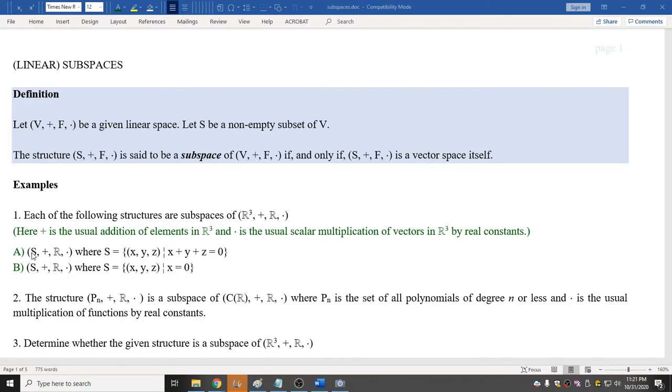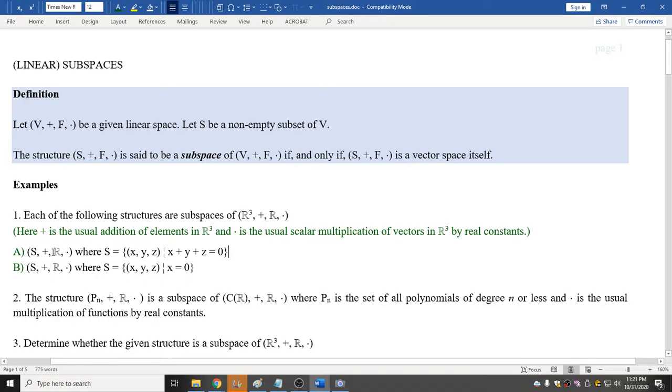A. S, plus, R, where S is the set consisting of triples x, y, z, such that x plus y plus z equals 0.